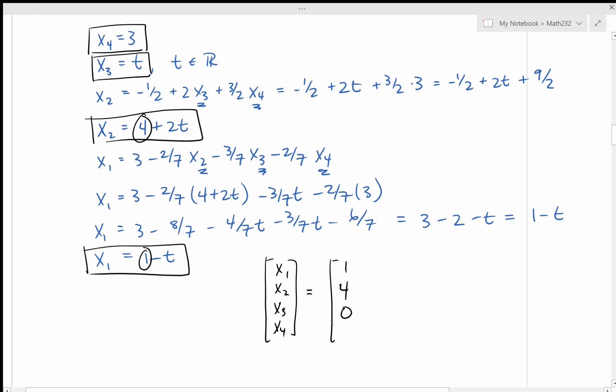And then x4 is 3, that's this 3. And it's going to then be plus t times: x1, minus 1; x2, plus 2; x3, 1, right? 1 times t; and x4, no t's. There it is.